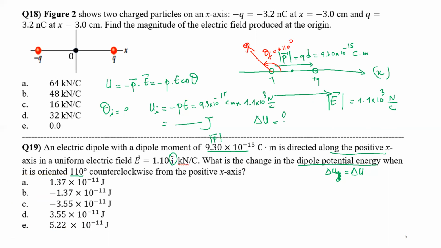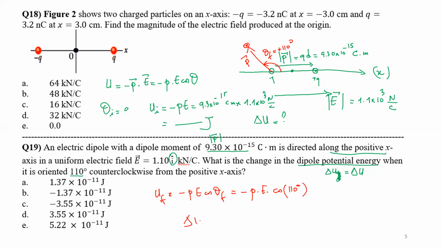So this is plus, so basically this is P. So U final will be just minus PE cosine theta final. So I know P, I put the number, I know E, I put the number, I know cosine theta final, which is just 110 degree. Okay, don't forget to put your calculator in degree when you are putting the angle in degree.